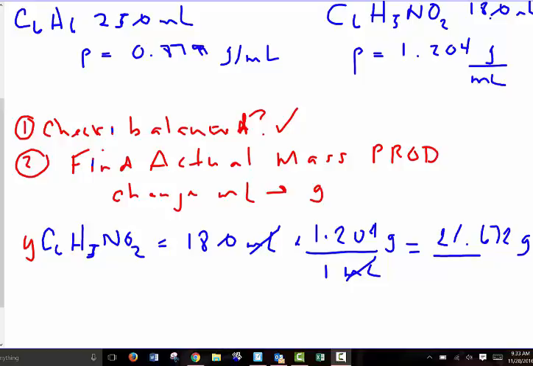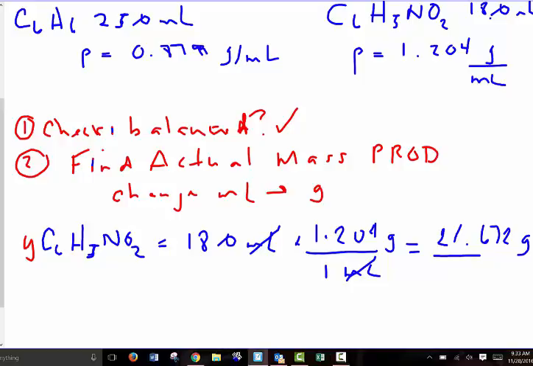I noticed that in question B, I'm just thinking a little bit about what kind of information I need for this question. And I noticed that B is going to ask me to figure out how much excess benzene reactant I had. So I'm actually going to break this up. And first, I'm going to figure out how many grams of benzene did I start with. Rather than use the 25 mils, I want to change that into grams. Then I'm going to do a calculation and change from my grams of my reactant over to my grams of my product. Okay, so I'm going to break this into two different questions.